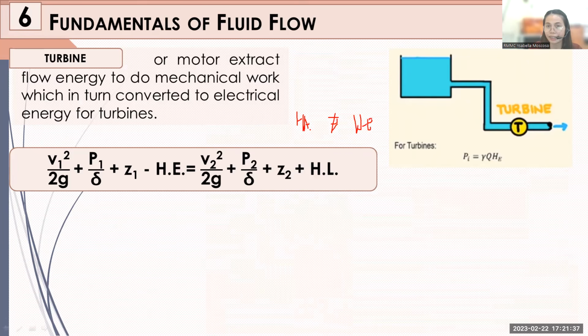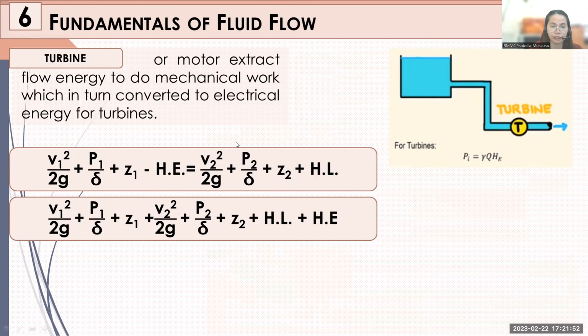Okay, HA is head added, that is plus, while your head extracted, that is minus. Okay, head added is for the pump, head extracted is for the turbine. Okay? So, since negative yan, lipat lang natin ulit on the other side of the equation para sa ginawa natin sa head loss. Therefore, you will have this equation. The same meaning lang naman pa rin tong dalawang ito.